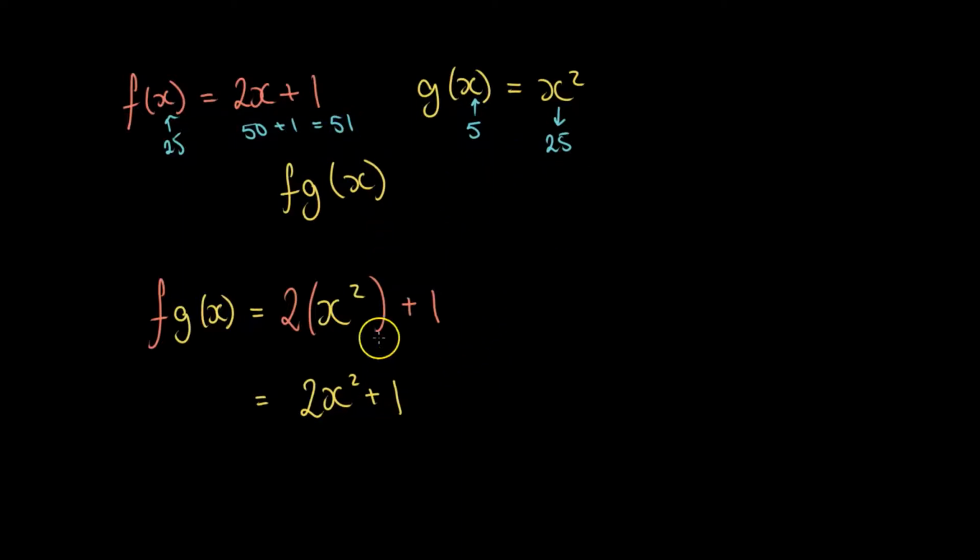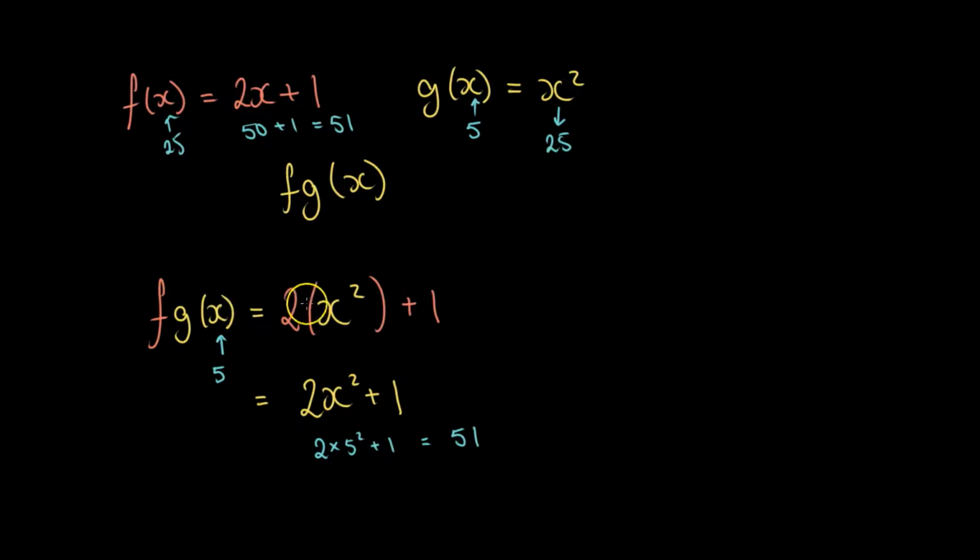And I can do the same thing down here. I can just put 5 straight into my composite function, and that would be 2 times 5 squared plus 1, and that should give me the same answer of 51. So there you go, that is how you combine two functions into a composite function.